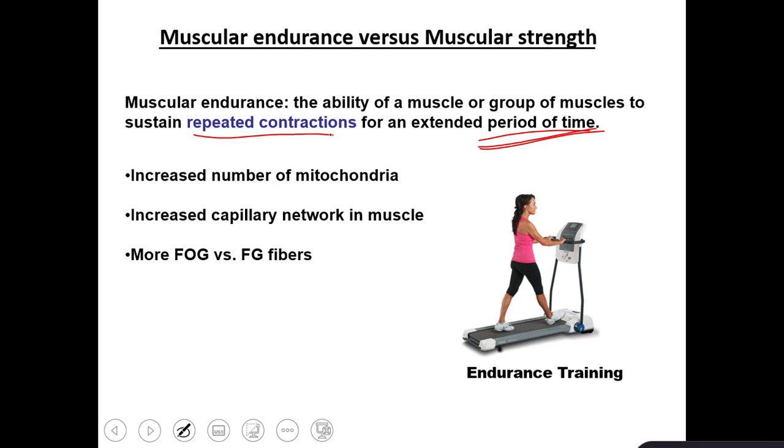So you are using your fast oxidative glycolytic fibers more than the anaerobic fibers, the fast glycolytic. That's why if you have high endurance, you have a dense capillary network and an increased number of mitochondria that are able to utilize oxygen.